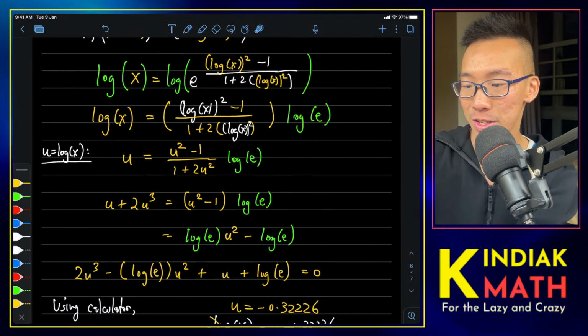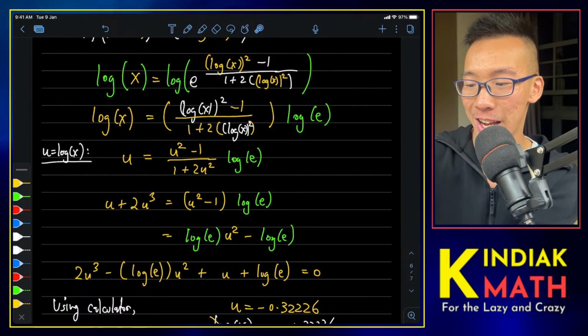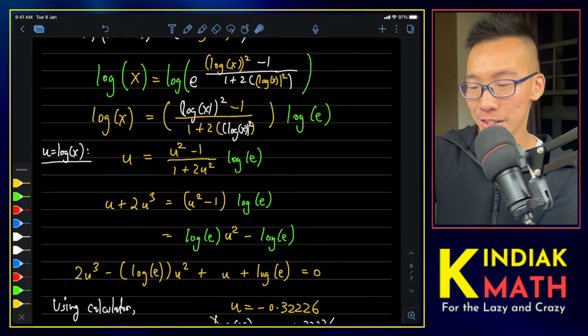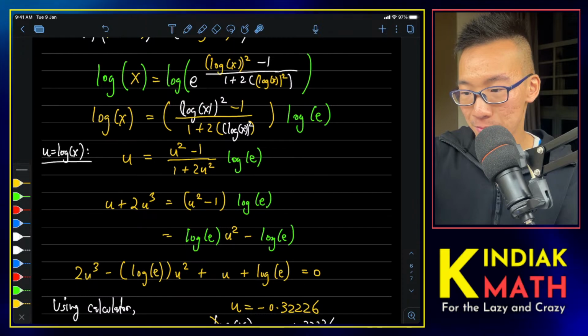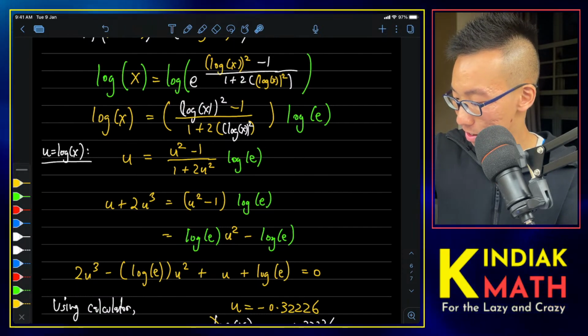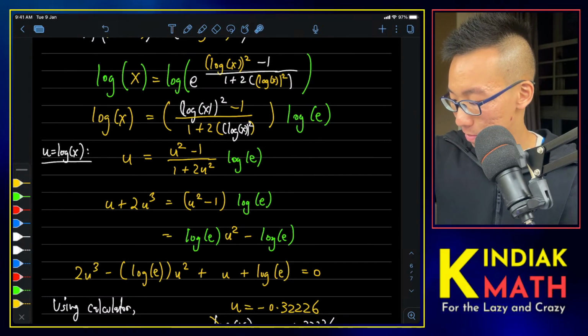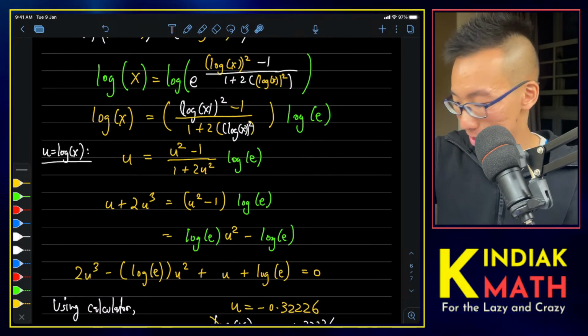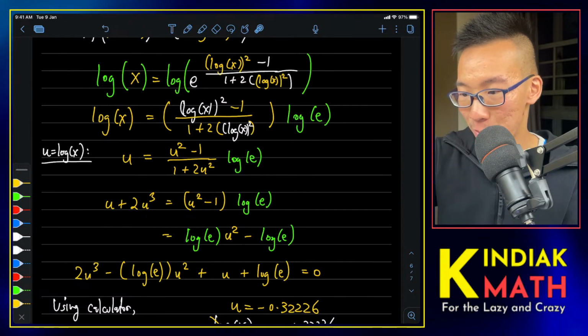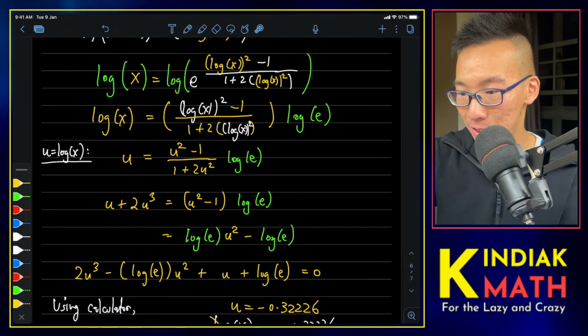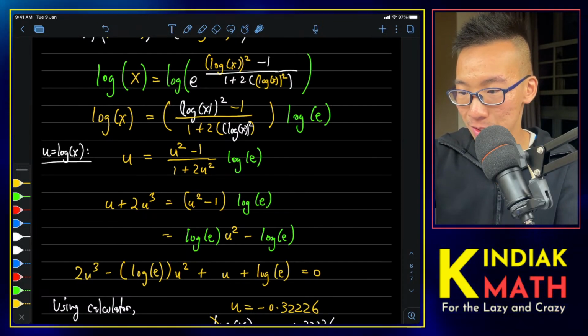Right? So let me just check one more time that I calculated this accurately. I don't think I calculated this accurately. This could be problematic. I think I didn't calculate my answer correctly.